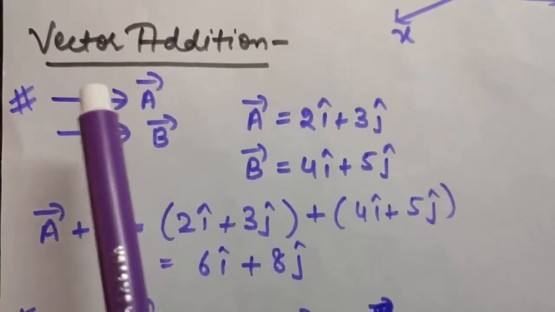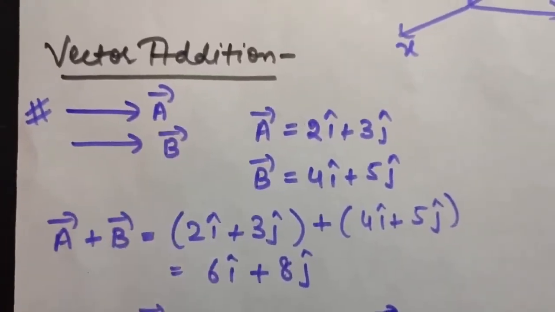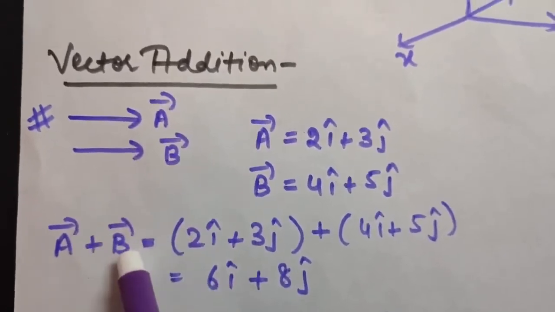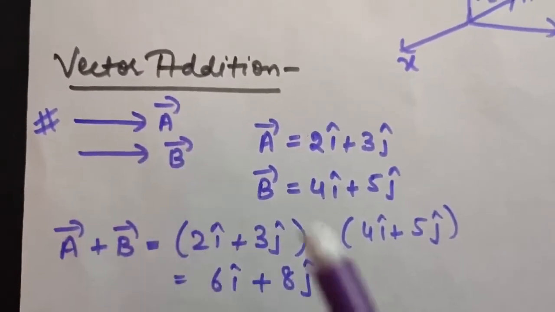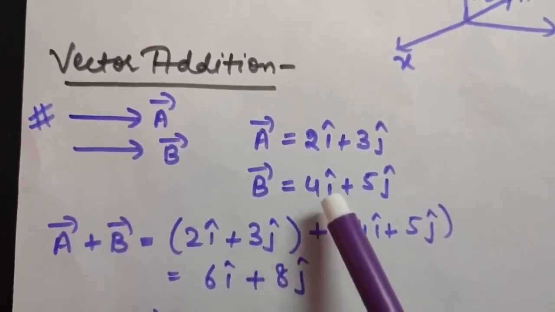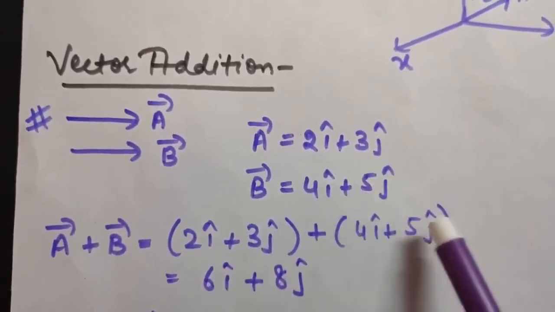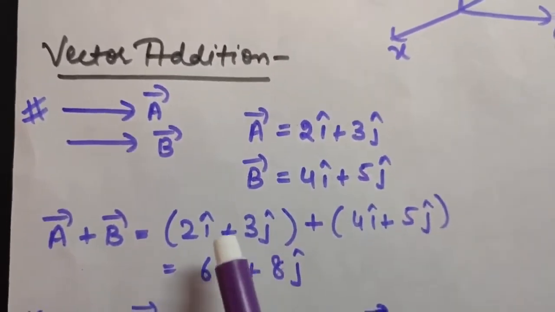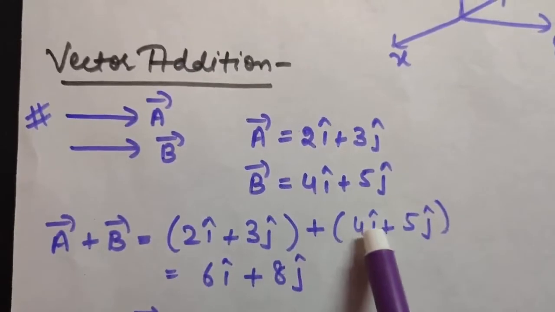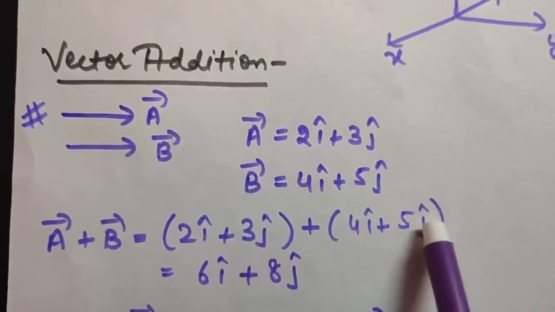Now, if it is asked to add these two vectors, we have to do A plus B. Because they are in same direction, we can simply add them. That is 2i cap plus 3j cap plus 4i cap plus 5j cap. Now how will we add them? Only i cap terms will be added to each other. Similarly, j cap terms will be added to each other.